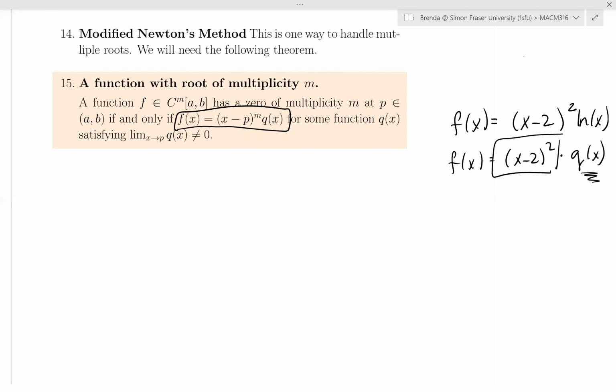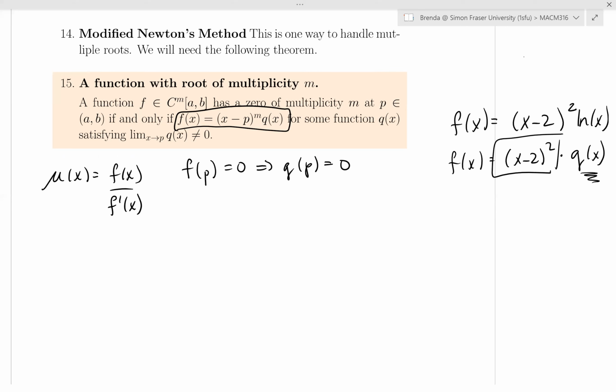All right, so we're going to use this to derive a modified Newton's method. I have a function here, mu of x, which is going to be f of x over f prime of x. F of p is 0 implies that q of p is not 0.